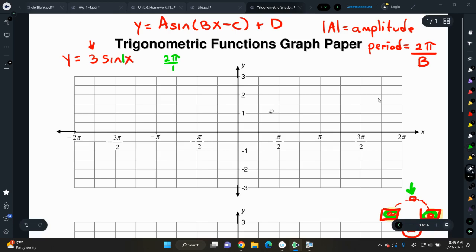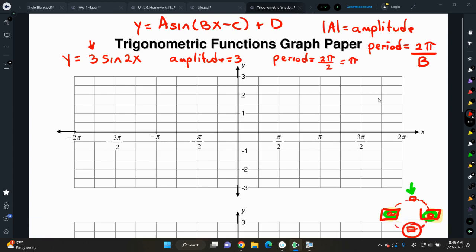But let's change that up now. Let's make this a 2x. Now I have an amplitude of 3 and I have a period of 2 pi divided by 2, which is pi. My period is pi.